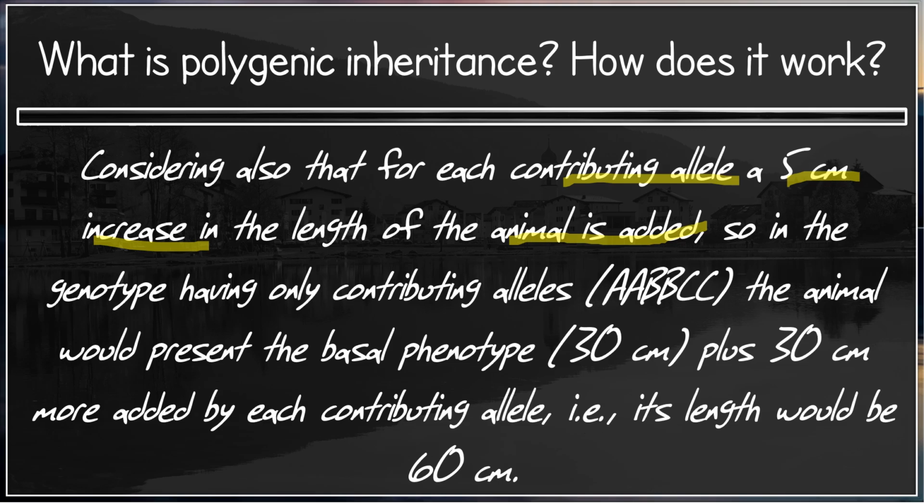So in the genotype having the contributing alleles AA BB CC, the animal would present the basic phenotype of 30 cm plus 30 centimeters added by the contributing alleles, i.e. its length would be 60 centimeters.